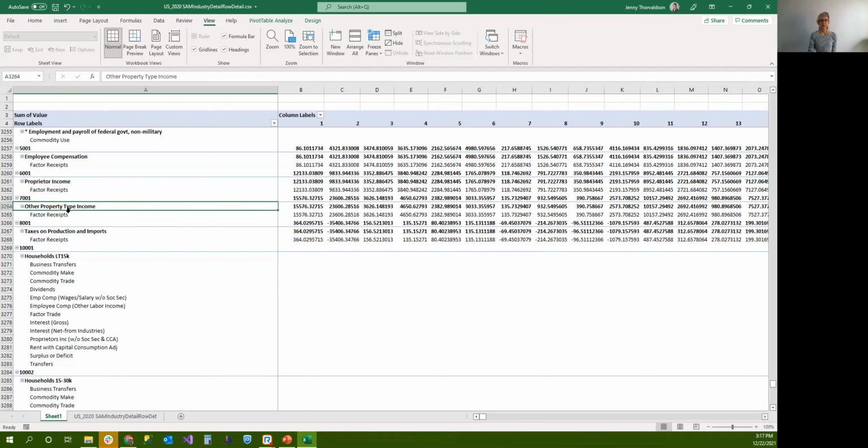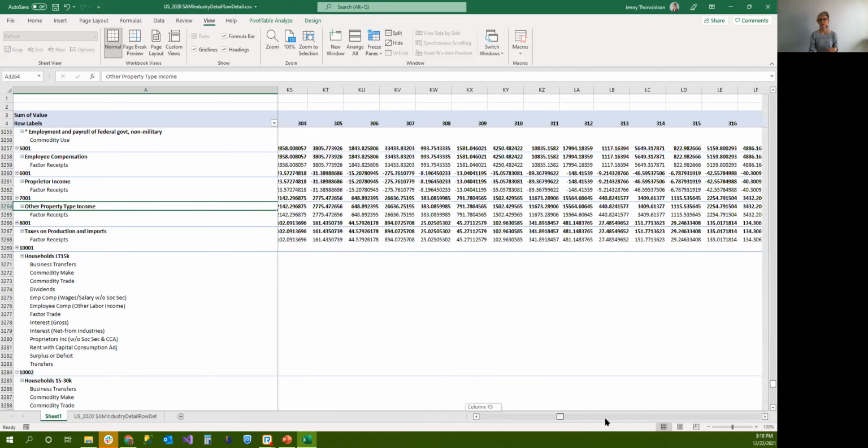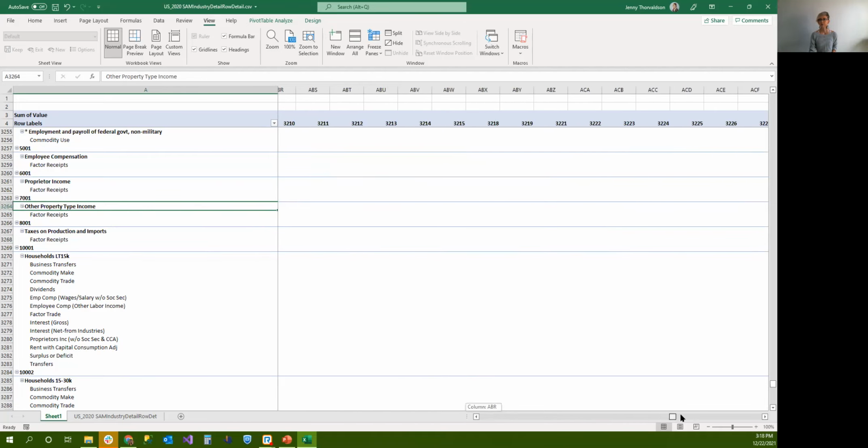And so is OPI. We talked about other property type income that it has in there. We've got profits. And so this institution is going to pay profits taxes out to the government. So we're going to see that by scrolling over along the columns to get over to these institution columns.